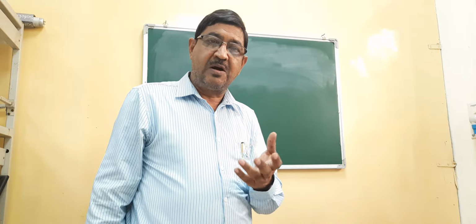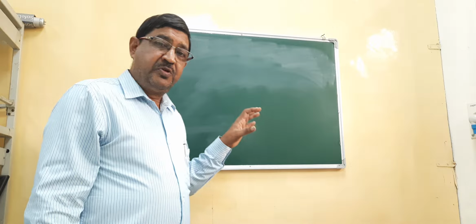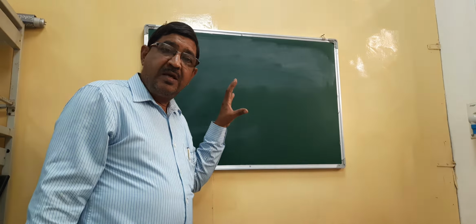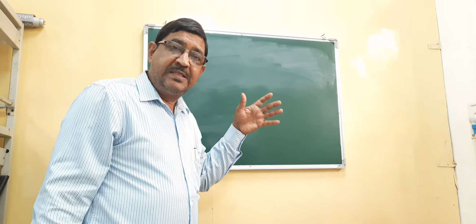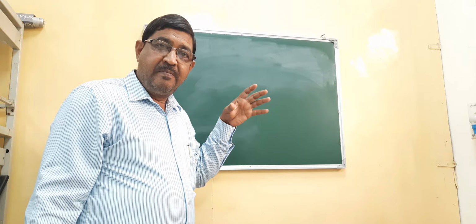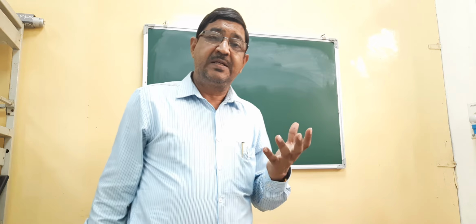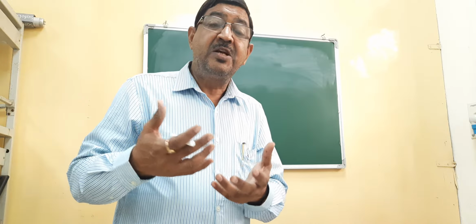So we have to see this genetic architecture of self-pollinated crops. Accordingly, we have to use the breeding methods. So how to proceed? The breeding methods, this is all the method of selection, you can say.